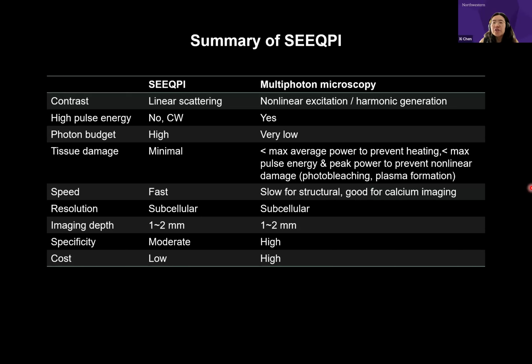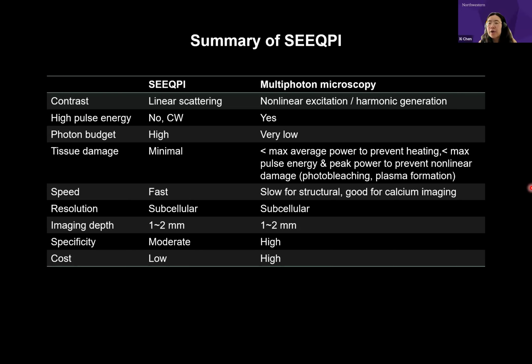We only shine light with minimal power on the sample. However, for multiphoton imaging, we need to be more careful. We need to limit the average power to prevent heating, but we also need very high pulse energy to have this 3-photon signal.